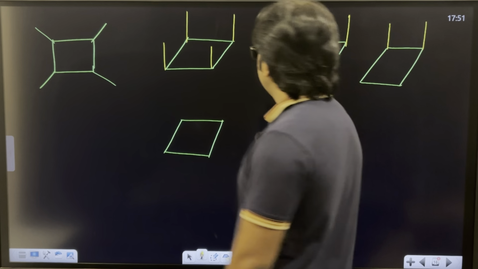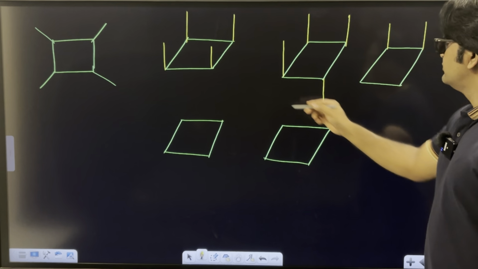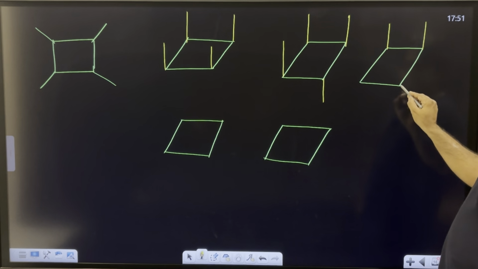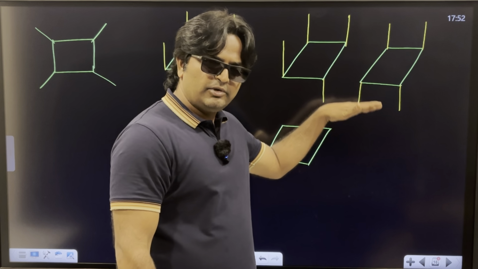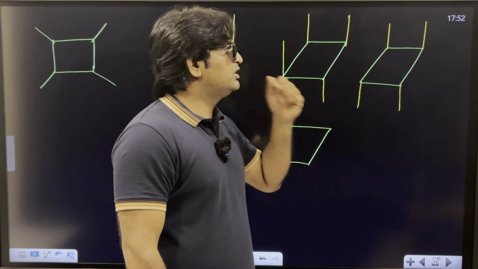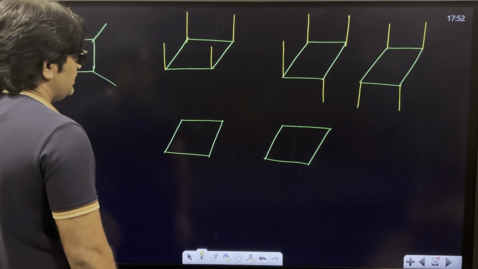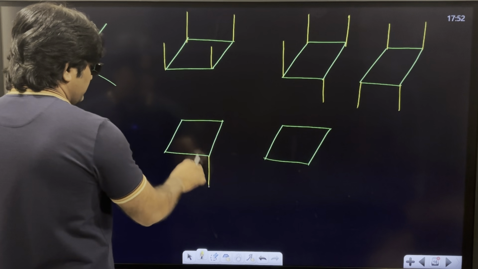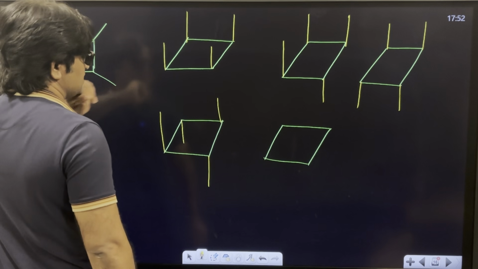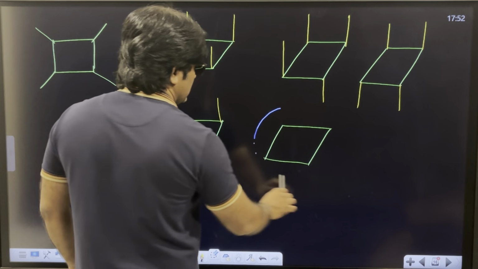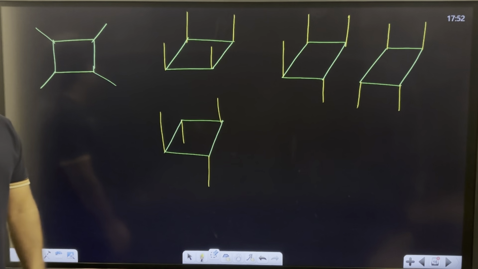I am selecting 1, 2 position, methyl below and methyl below. That is also another possibility. In the next one I am taking 1, 3 position below and these two as it is from the first structure. This is the another possibility. So these are the maximum possibilities.